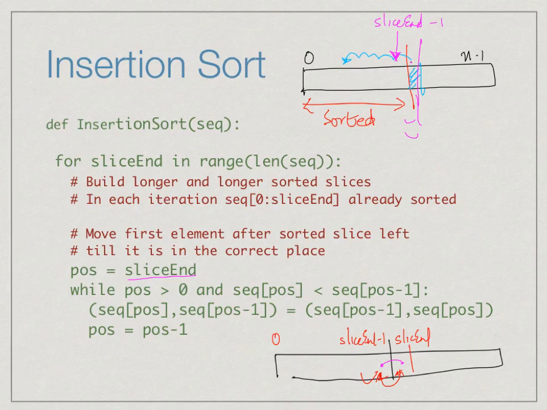So again, this means that it goes one more position. So we just keep going until we find that at this position, the value to the left of it is equal to or smaller than this. So we should not swap it, and we have it in the correct position, right? So that's what this is doing. So long as you have not reached the left-hand end, you compare the value you're looking at now to the value to its left. If the value to its left is strictly bigger, this one must exchange with that. And then you decrement the position.